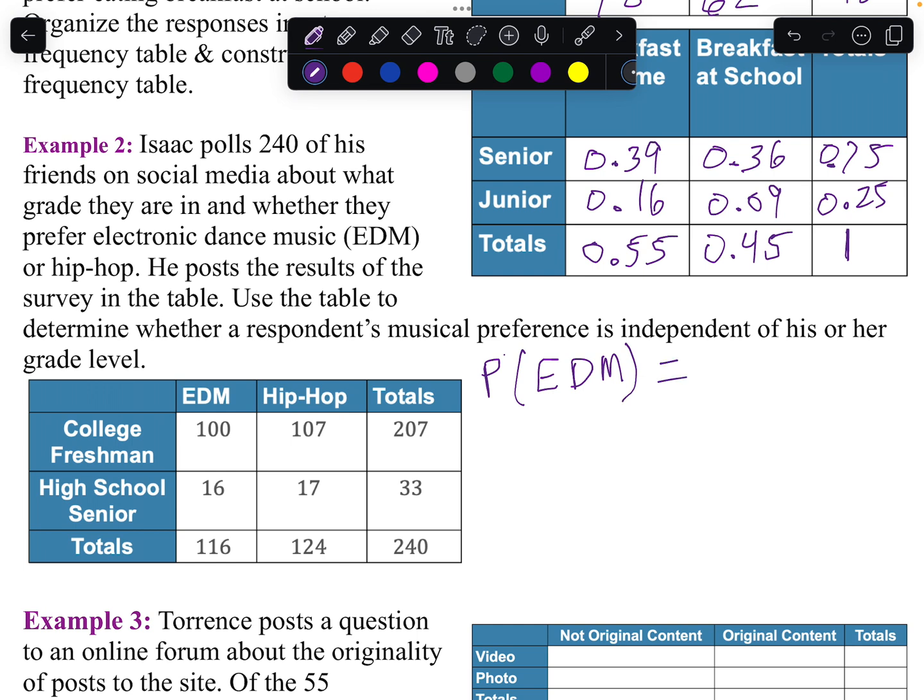Well, the probability we prefer EDM, notice there's 116 people who said they prefer EDM. And that's out of 240, isn't it? So if I take 116 and I divide that by 240, we get 0.48.